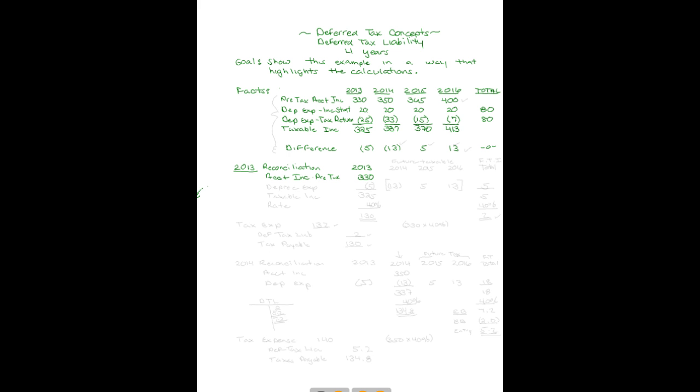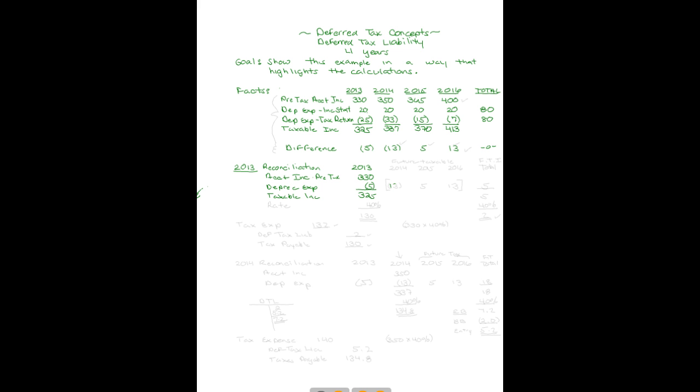Then I'm going to say that $20 of depreciation was taken out of that, but I need to take another $5 out of that to get to the tax amount, the difference between the 20 and 25. So there's the depreciation expense difference for this year, leaving me with taxable income of $325.